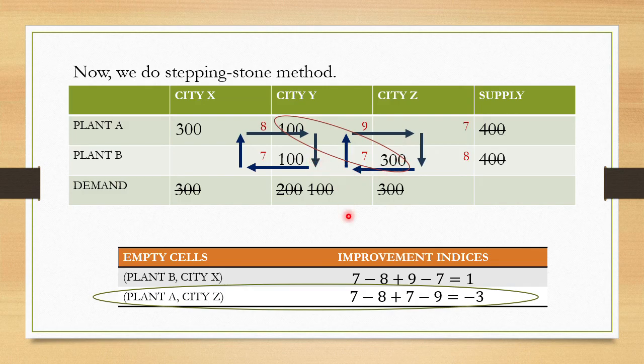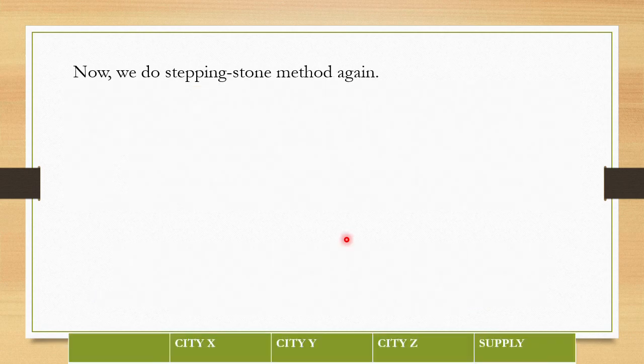In other words, we subtract 100 from numbers inside the oval, and then add 100 to cells outside the oval. So add 100 here and over here. If we do that, we have this updated transportation model.